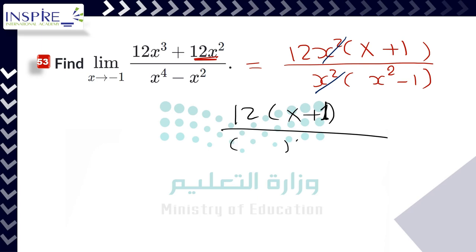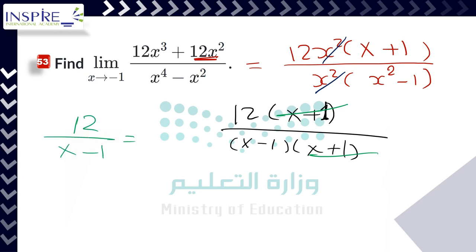The down part, I will make it the difference between two squares, so it will be x minus 1 times x plus 1, and then I'll cross out x plus 1 from up and down, and the remaining part will be 12 over x minus 1. Then plug in -1 again, so it will be 12 over -2, and the result will be -6.